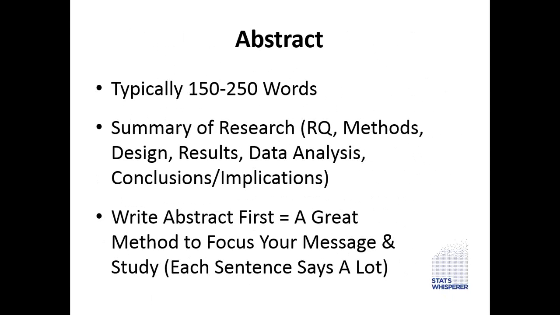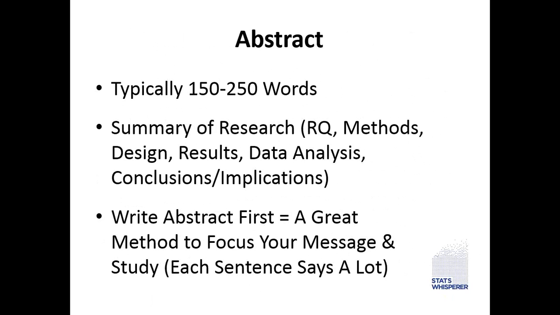So you have a small space to really describe the study, the results of the study, what the study is made of, the purpose. But that actually works in our favor, and you'll see why in this third point. I often recommend to write the abstract first, because it's a great way to focus your message and your study.